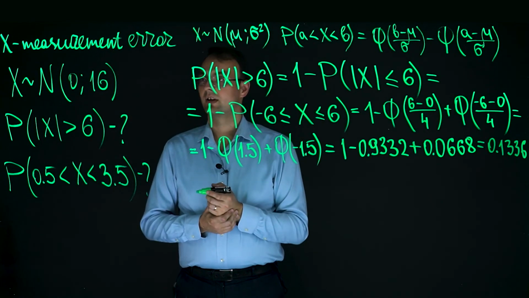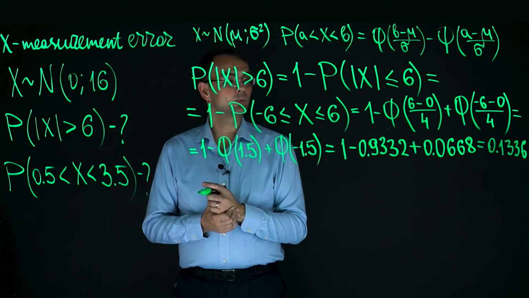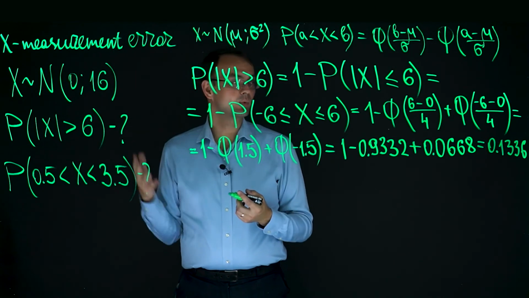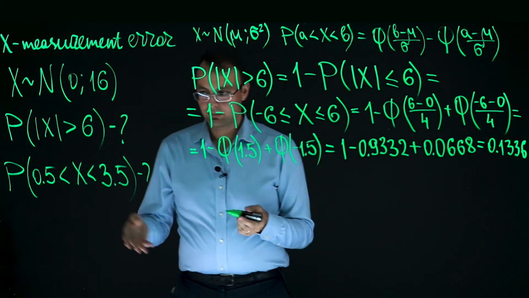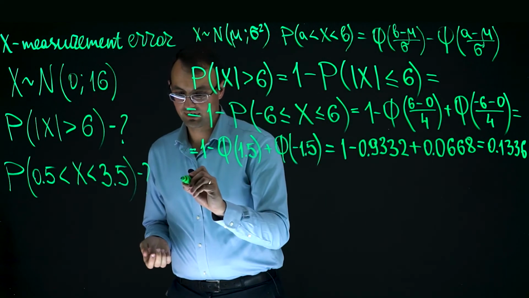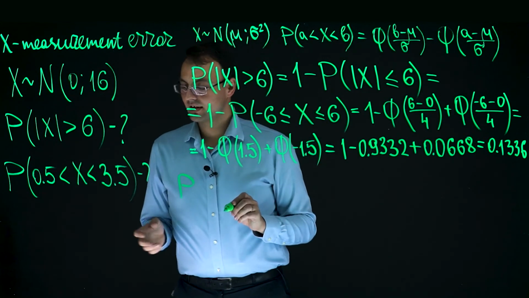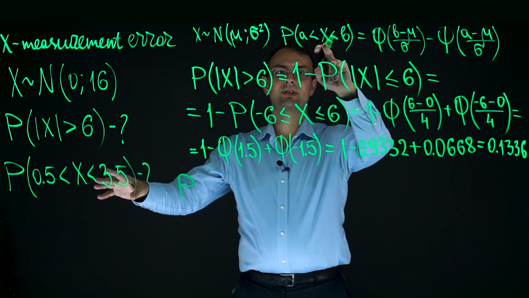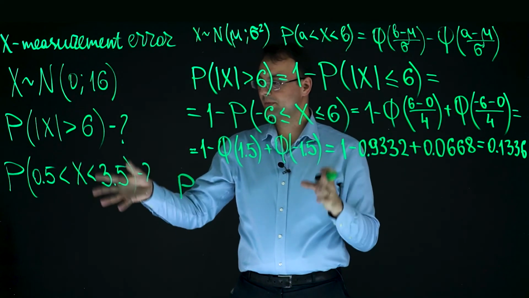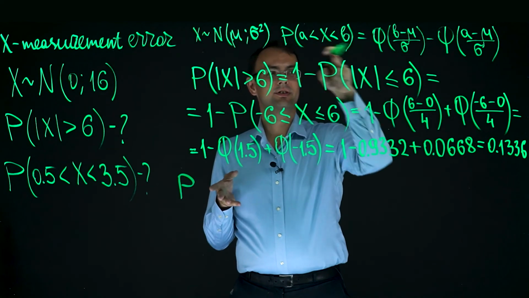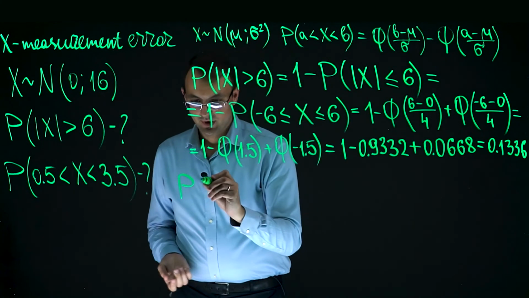Probability that this error, that its absolute value will be more than 6. So now let's find the second probability we were asked to find here. We see that it has the same form as in this expression, so no obstacles to apply this formula directly.